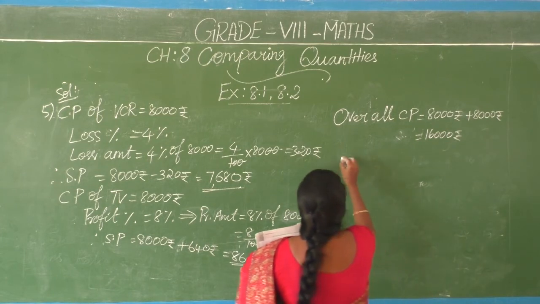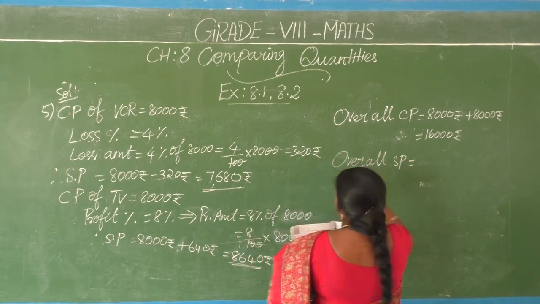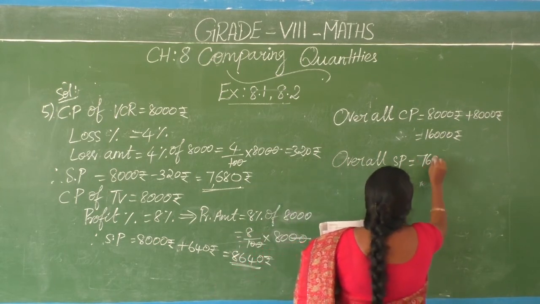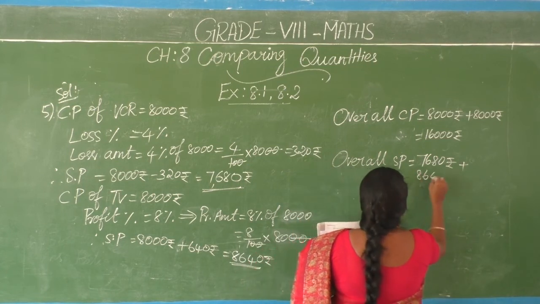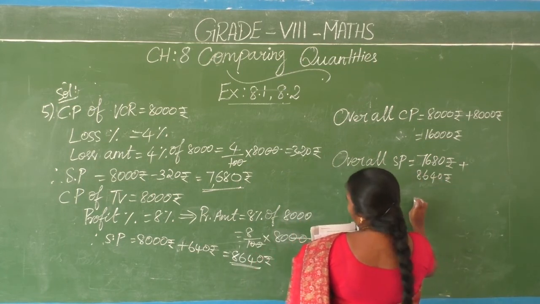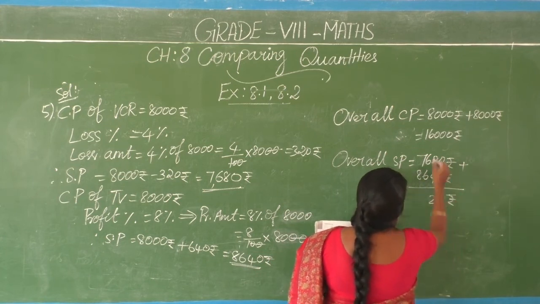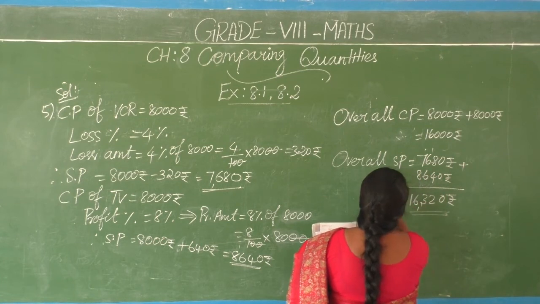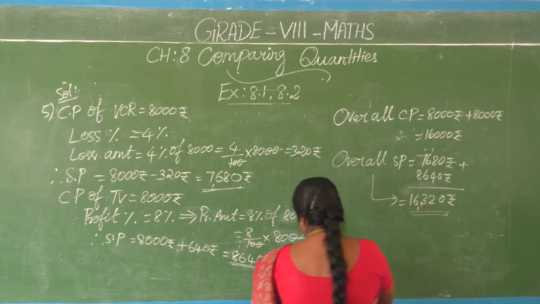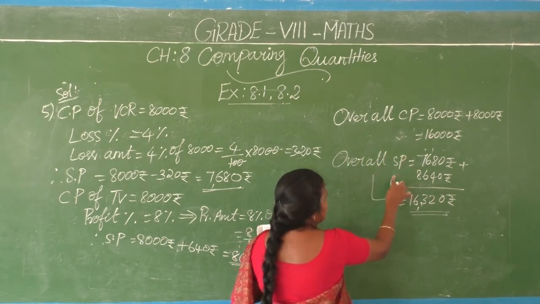Now overall SP: this is 7,680, this is 8,640 rupees. Adding: 0 plus 0, 0. 8 plus 4, 12, remainder 1. 7 plus 6, 13, remainder 1. 8 plus 8, 16. 16,320 rupees. So comparing with CP, SP is greater.